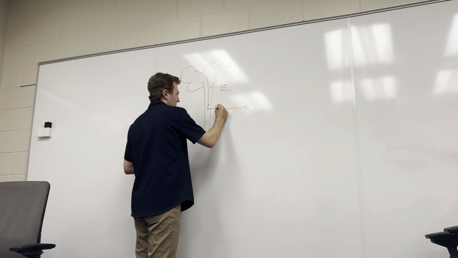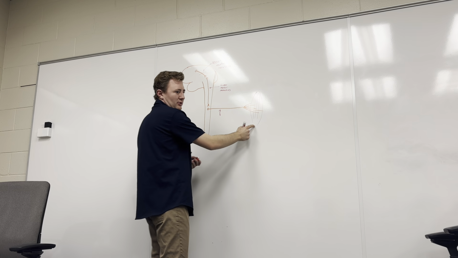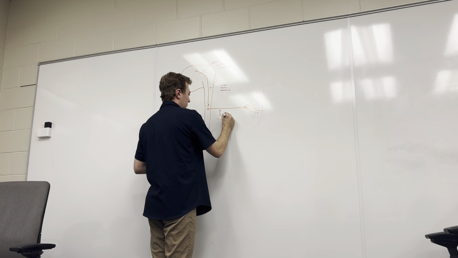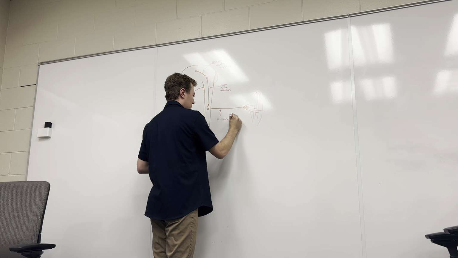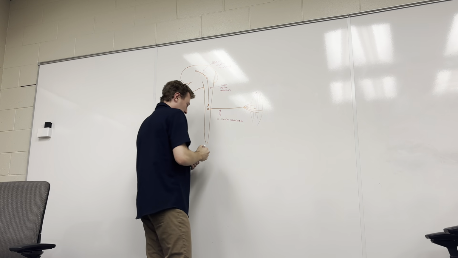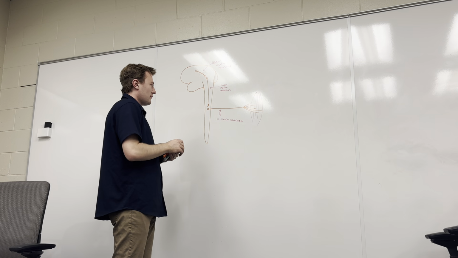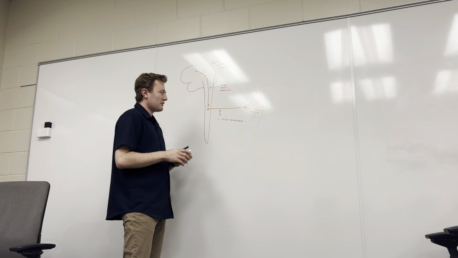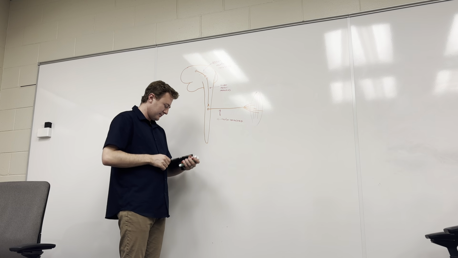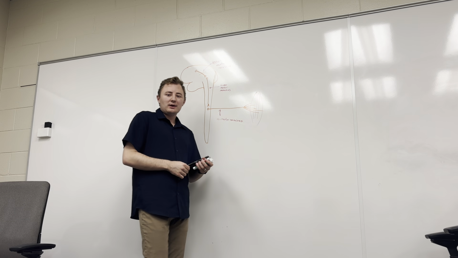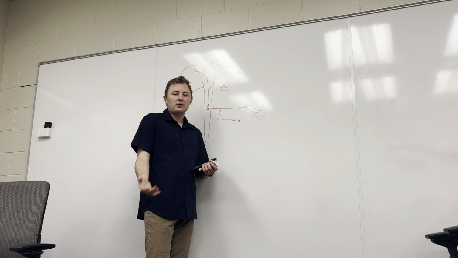And coming from the spinal column to the muscle fibers is what we call our alpha motor neurons. This is a concept that we'll talk about a little bit later, but this is just the general pathways of how we communicate to our muscles.